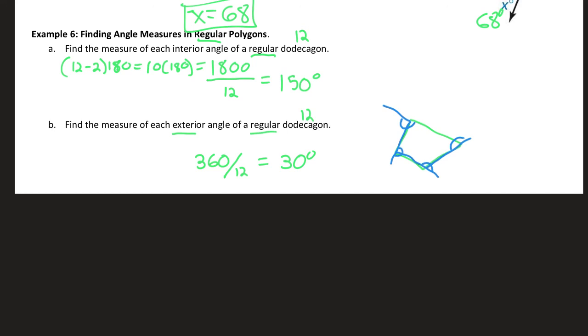So if you think about it, for A and B, they kind of connect. 150 plus 30 creates that 180. So that's how we can kind of compare. But it's just remembering our formula for interior angle sum and the general exterior angles are always, the sum is always 360.